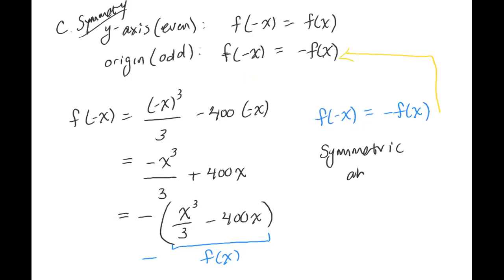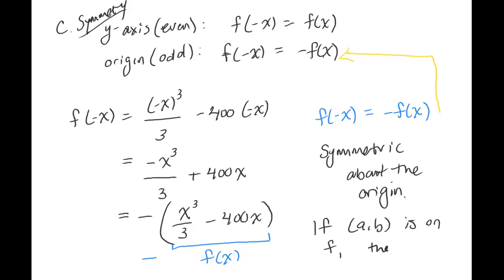Symmetric about the origin. So that's the point 0, 0. And what exactly does this mean? This means that if I have a point A, B on the graph of the function f, then the point negative A, negative B is also on the graph of the function f.